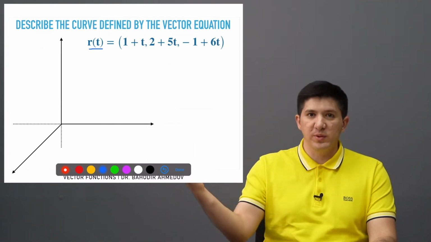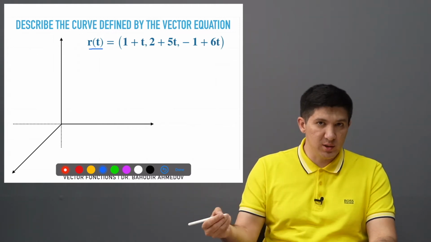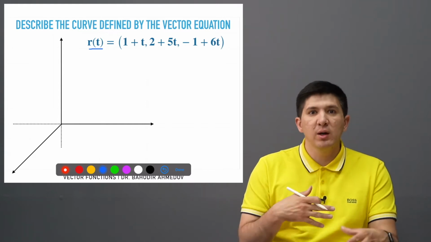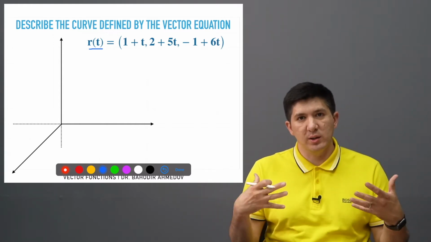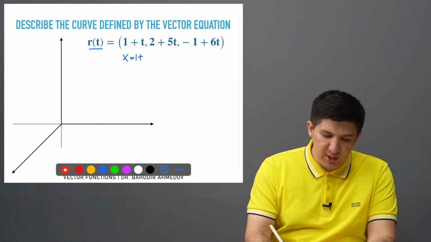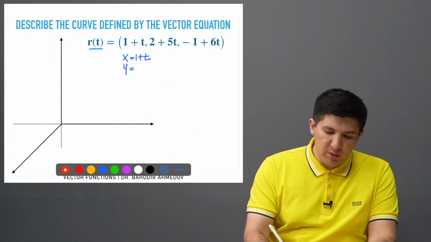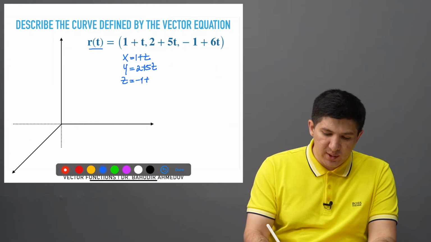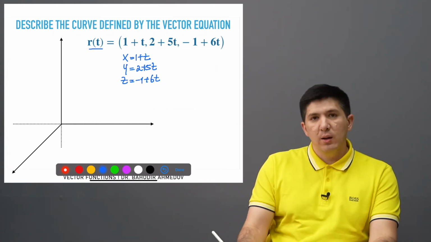All of the position vectors start from the 0, 0, 0 point, and the ending point has 3 components in 3D space, where the x component is equal to 1 plus t, the y component is equal to 2 plus 5t, and the z component is equal to minus 1 plus 6t.